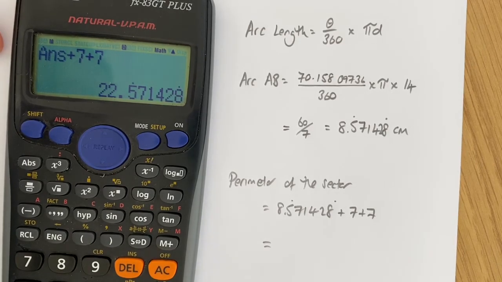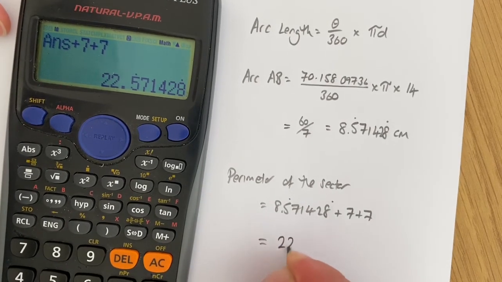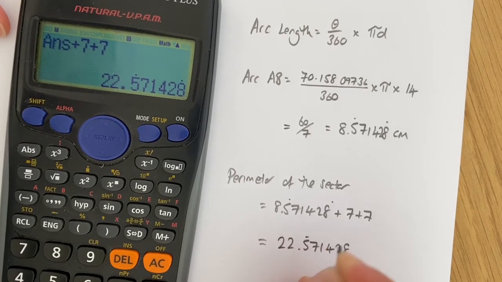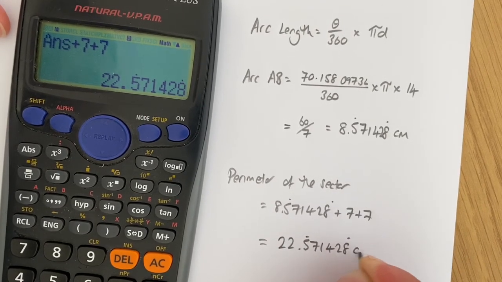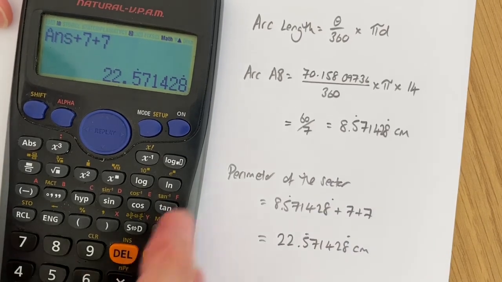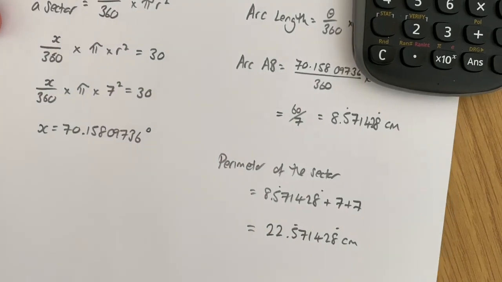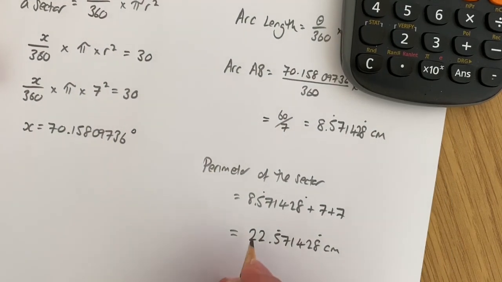And there's my final answer. That's the perimeter of the sector: 22.571428 recurring centimetres. However, the question does say give your answer correct to 3 significant figures. So 22.6 centimetres correct to 3 significant figures.